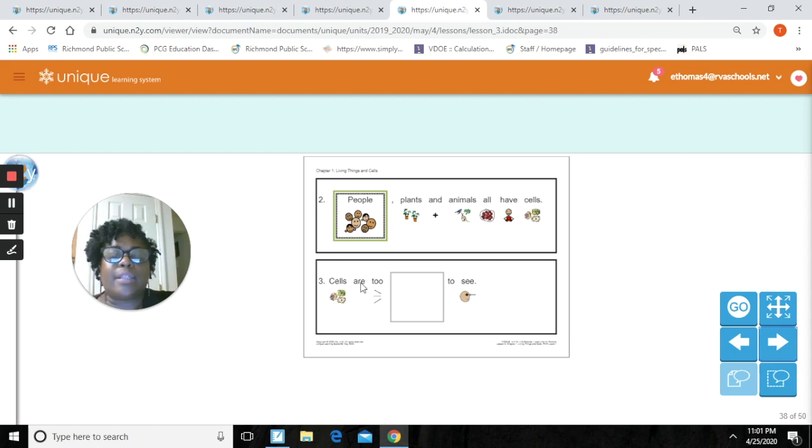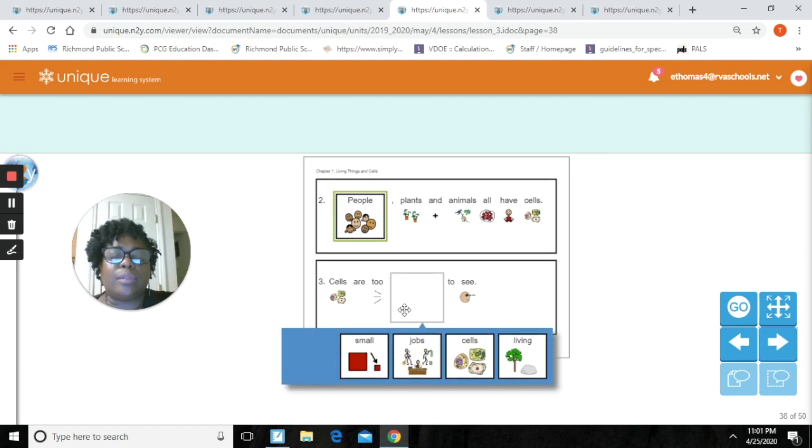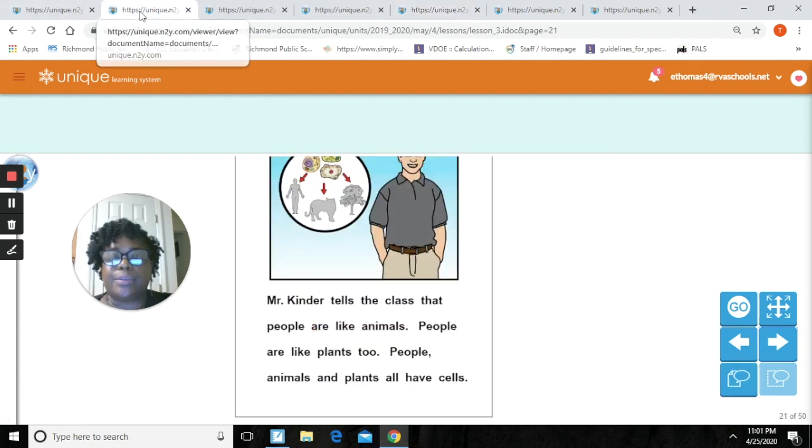And it says here, cells are too blank to see. Let's see what are our answer choices. Small, jobs, cells, or living. What's our answer? You can point to the screen if you like. So let's go to our story to get our answer.